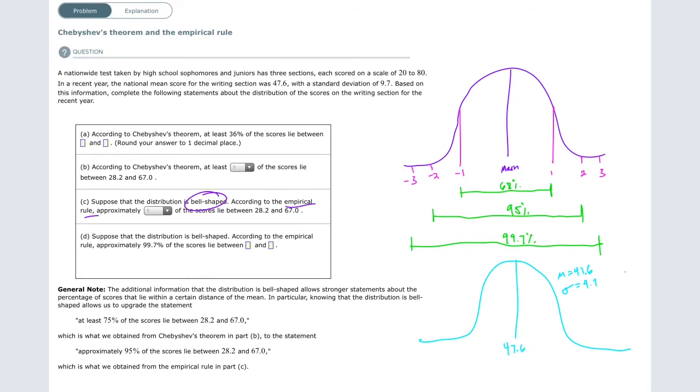The way they get these numbers, the mean's in the middle, is you add 9.7 as you go to the right. So add 9.7, this would be 57.3. Add it again, 9.7, would be 67. Add it again.